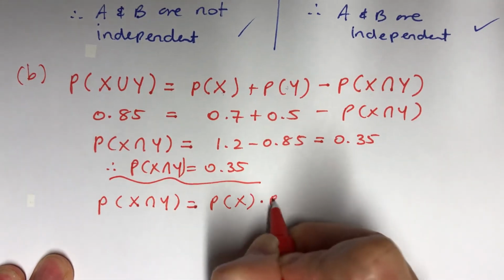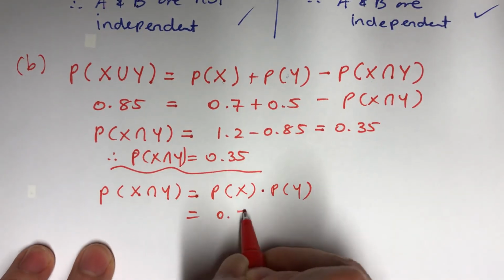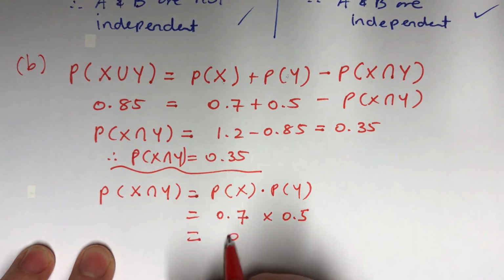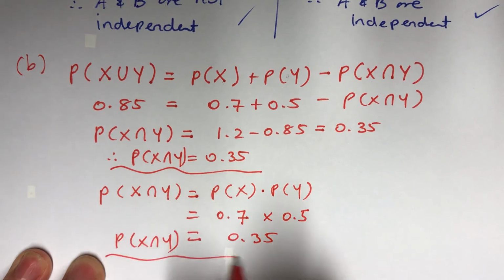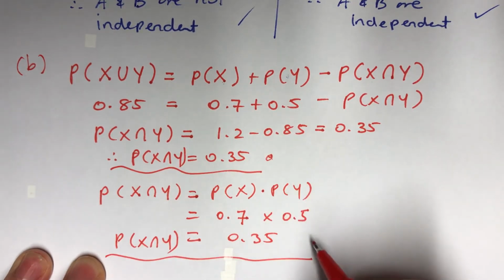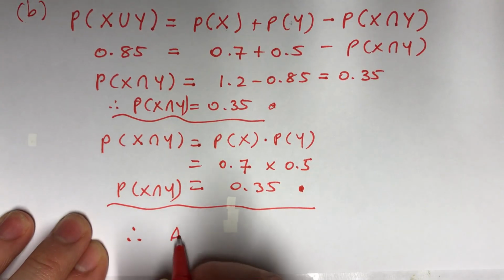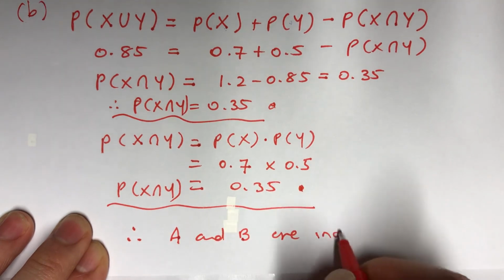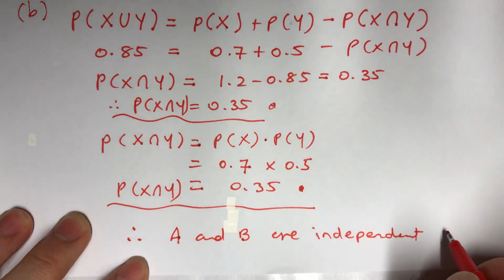P(X) times P(Y), wouldn't it? And what was P(X)? It was 0.7 times 0.5, which is 0.35. So look at that, that's the same as this, as required. So therefore, I can say X and Y are independent events. Excellent. So that's what it is.